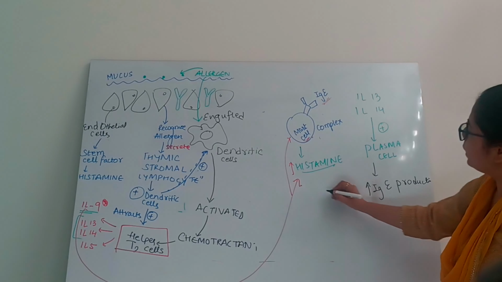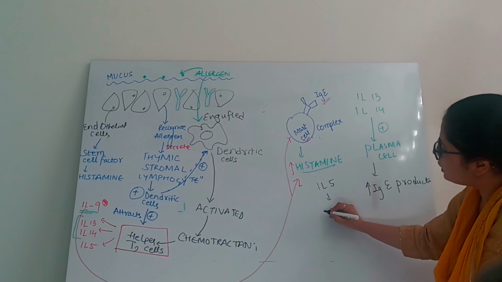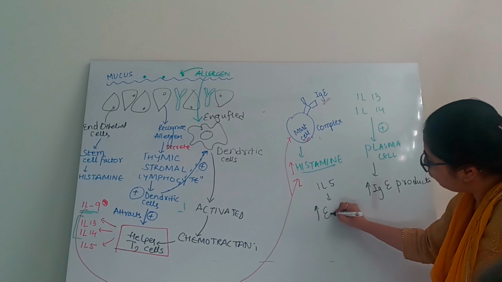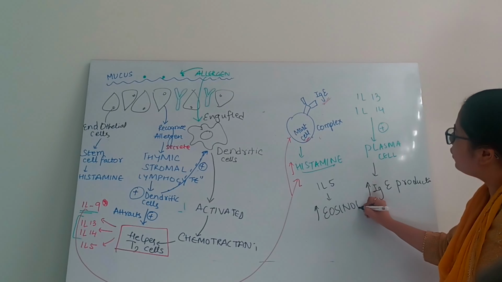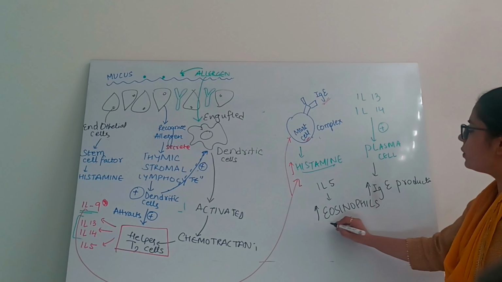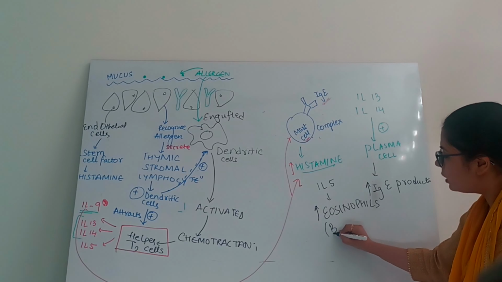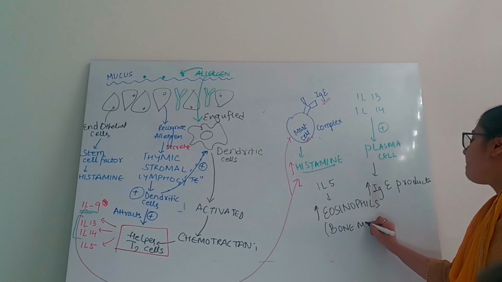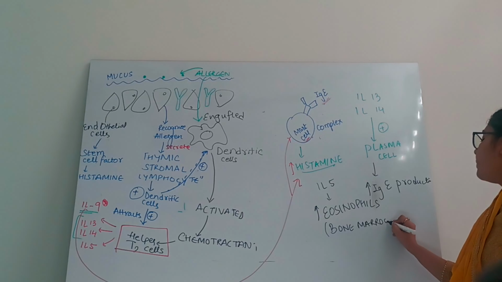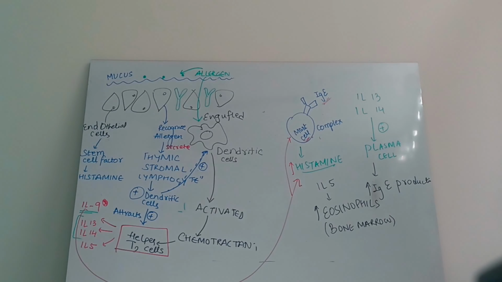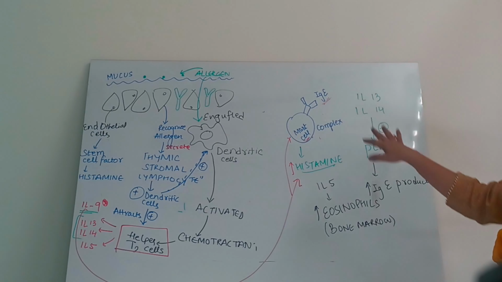And interleukin 5 is responsible for increasing the release of eosinophils. These eosinophils are being released from the bone marrow, right?